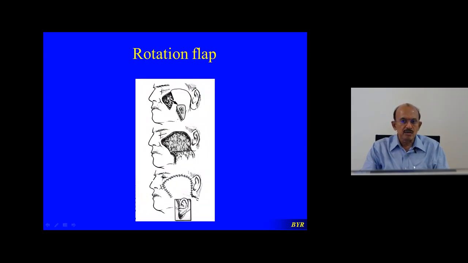This is again another example of rotation flap. You have removed this part of tissue, you make an arc like this, you separate this big flap of skin, and you rotate it forwards and suture it.